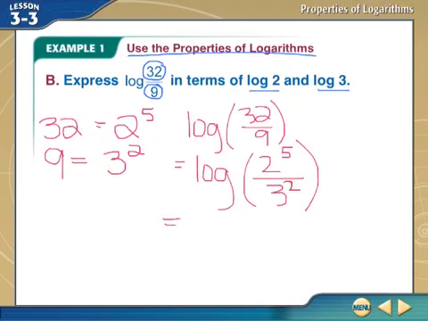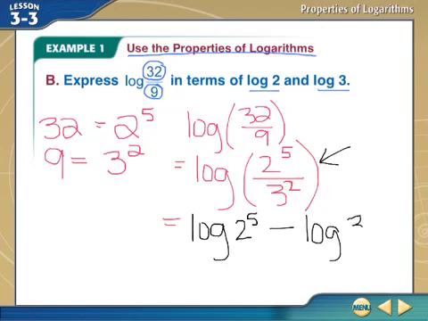Now, I see that I have a quotient here with my input. So when I separate this quotient into separate logarithms, we are going to subtract them. So I could say log of 2 to the 5th minus log of 3 squared. Quotient means to take the difference of the logarithms.